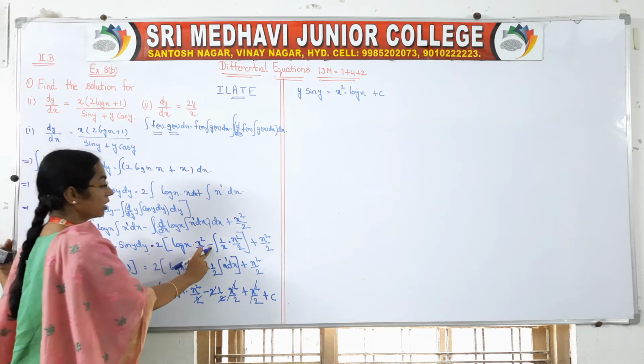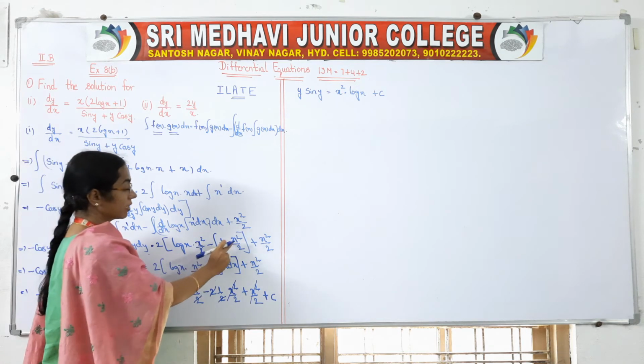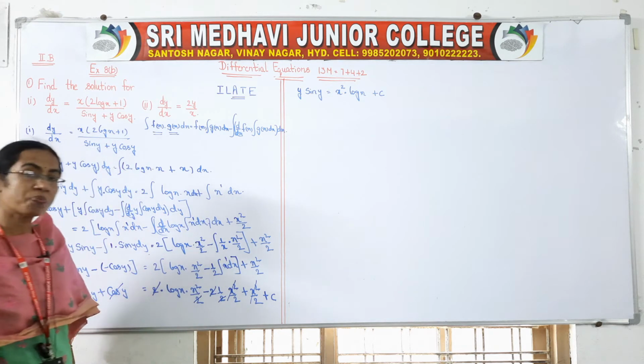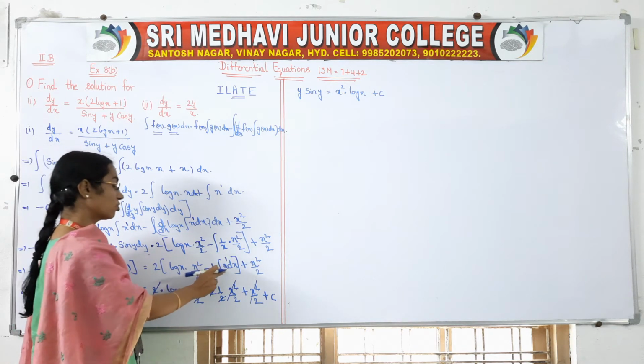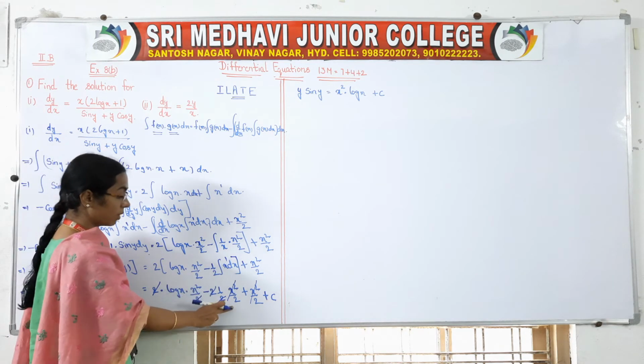Next here, 1 by 2 is taken outside and 1x is cancelled, so only one x will be there, integral x into dx. So integral x to the power of 1 into dx is nothing but x square by 2.